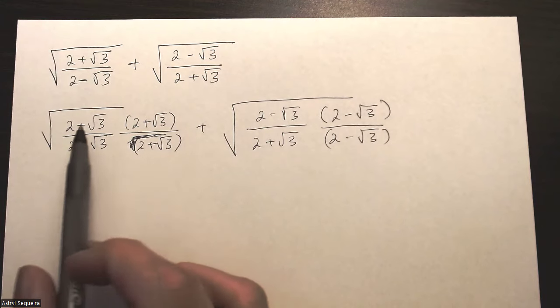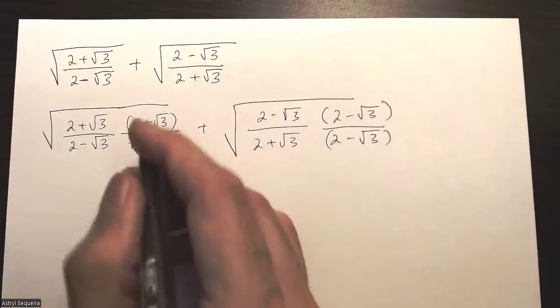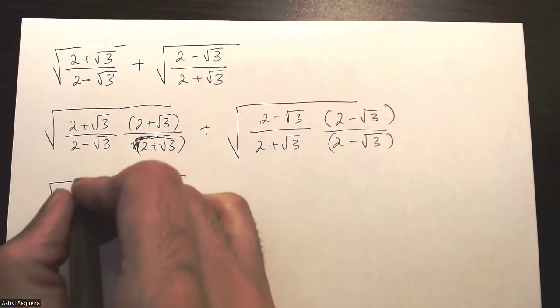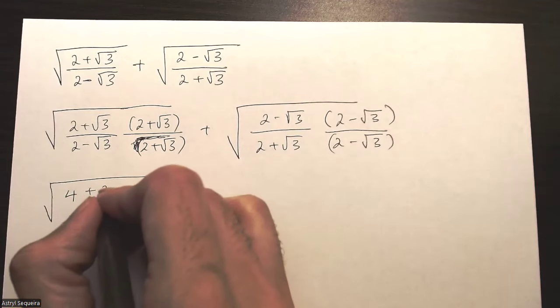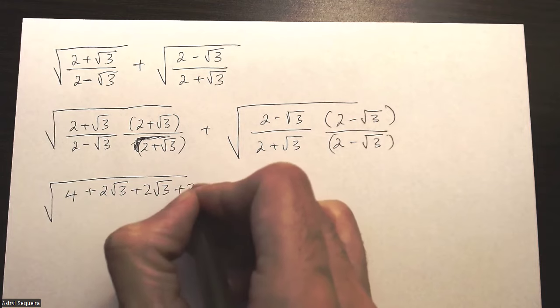So let's expand now. We're expanding with FOIL basically on the top and the bottom. So 2 times 2, 2 root 3 plus 2 root 3 plus 3.